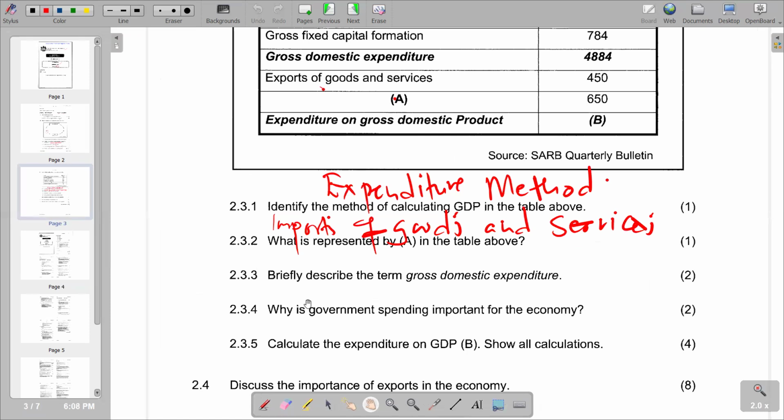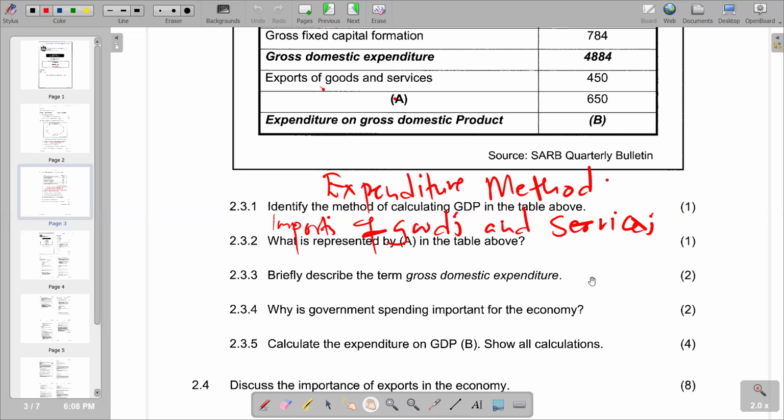So if you go to 2.3.4, it says, why is government spending important for the economy? So remember, government spending is when the government is spending money. It can come in different forms. Government might be spending money on infrastructure development, trying to build some public schools, public hospitals.